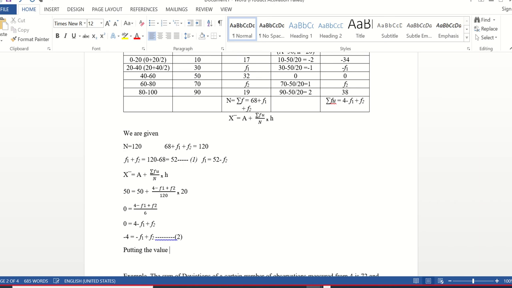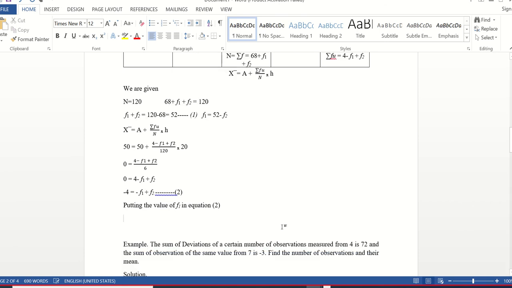So minus 4 equals, since f1 is in minus, minus of 52 minus f2, plus f2.